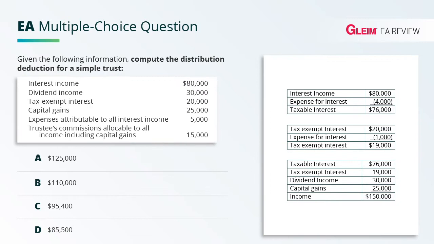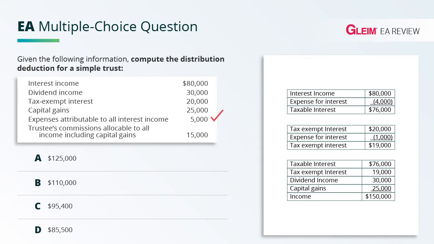So the first step is to look at the expenses attributable to all interest income, $5,000. We need to take that $5,000 and allocate it between the interest income of $80,000 and tax-exempt interest of $20,000. And we're allowed to deduct that $5,000 expense from that. So we're going to be allocating this $5,000 amount based on the relative amounts of interest income and tax-exempt interest.